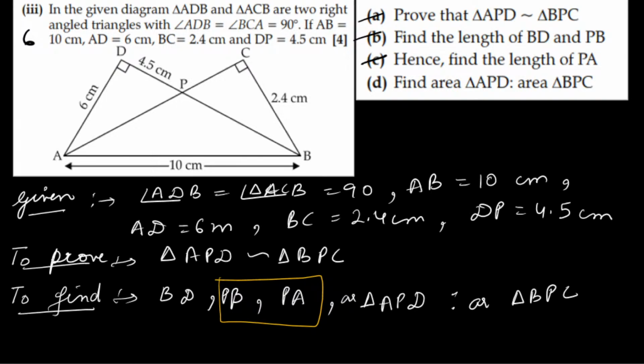Okay, so you are solving it by Pythagoras theorem. 6, 8 and 10 are Pythagorean triplets. 8 minus 4.5 is 3.5 centimeter.